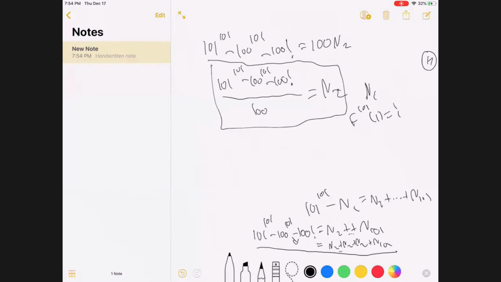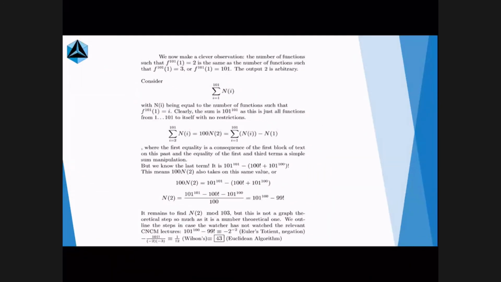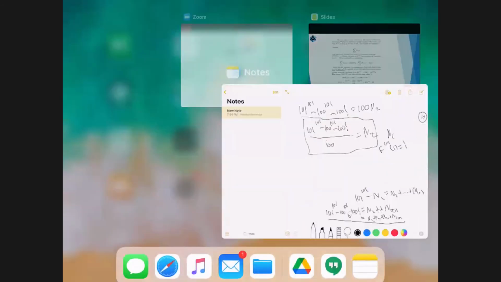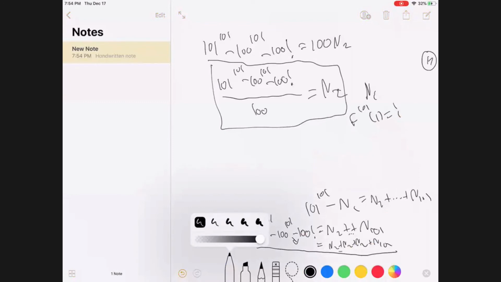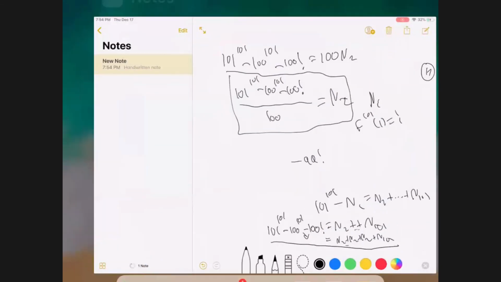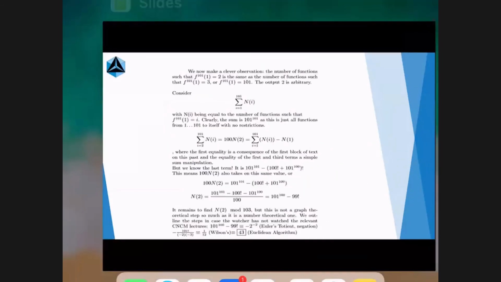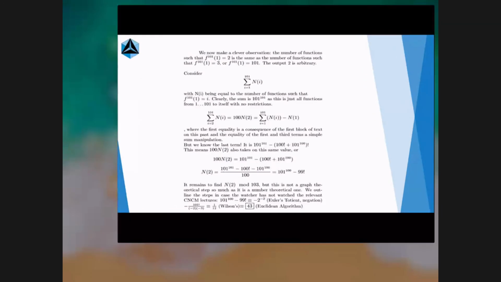We could do some simplification, and we'll actually have to do some simplification. All right, so we can actually immediately simplify the factorial part: clearly 100 factorial over 100 is 99 factorial. And then I believe 101 to the 101 minus 100 to the 101 is just equal to 101 to the 100 times... oh yeah.